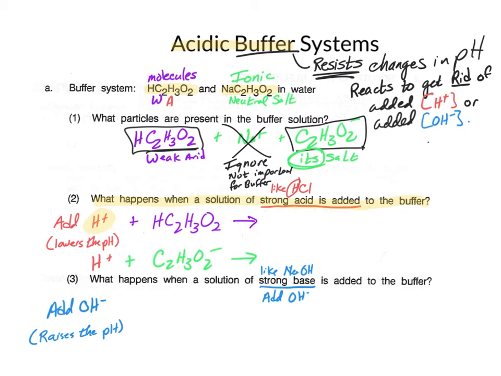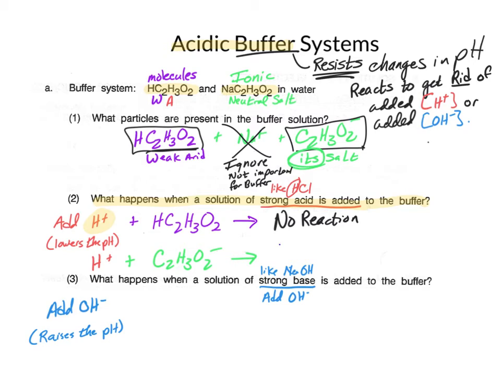So let's look at these two systems and decide which one is most likely to occur. So does it make sense for an acid to react with an acid? Not really, so that reaction does not occur. On the other hand, does it make sense for something with a positive charge to react with something with a negative charge? Hopefully it does make sense to you, and you can probably predict what the product would be.